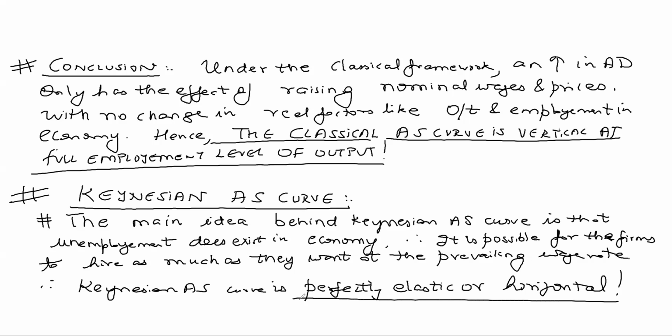The classical aggregate supply curve was perfectly inelastic or vertical. The Keynesian AS curve is perfectly elastic or horizontal.